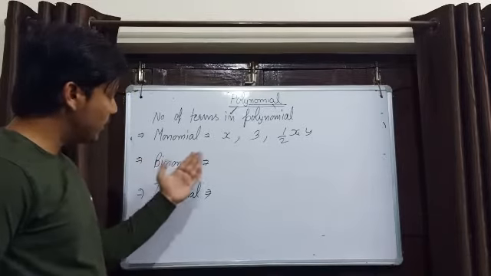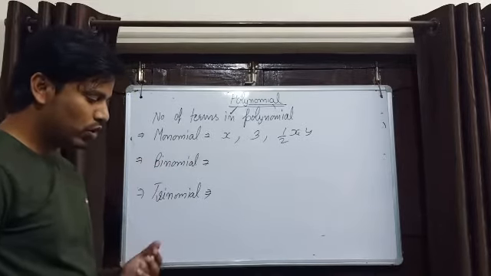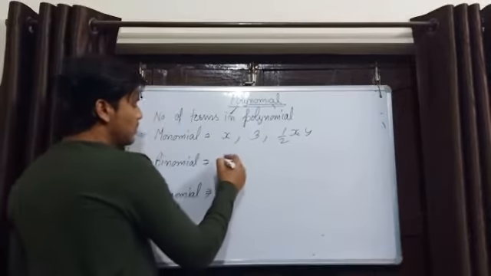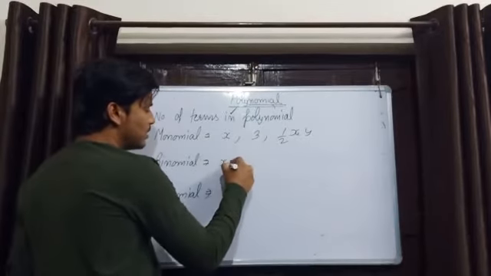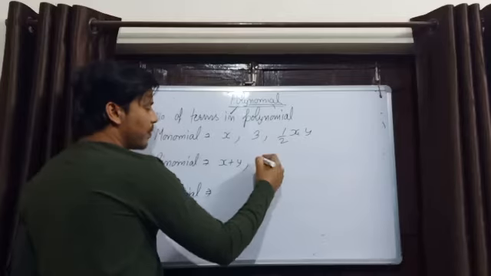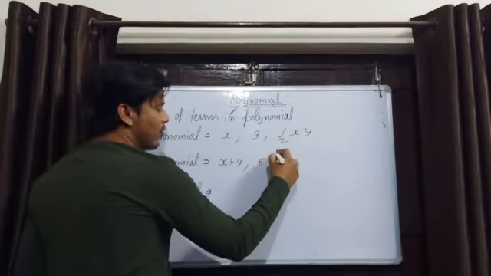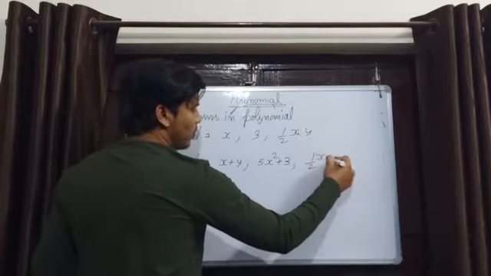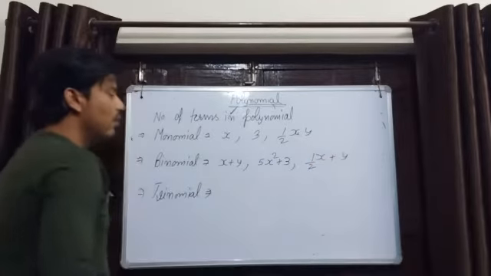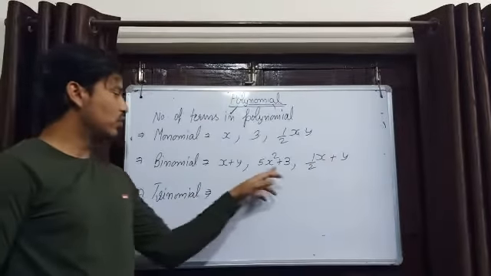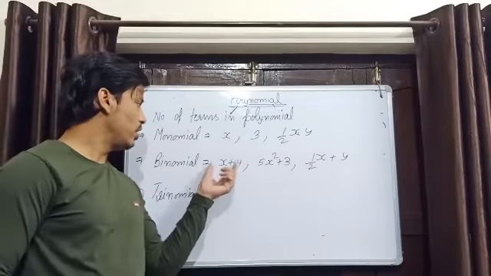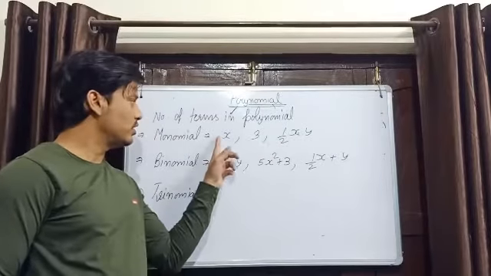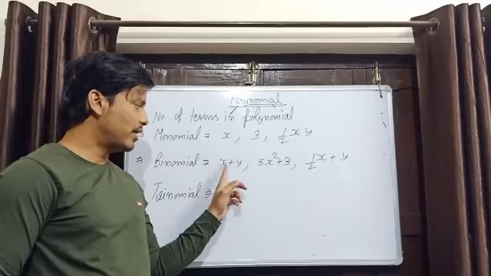A polynomial containing two non-zero terms. Binomials are like x plus y, 5x square plus 3, 1 upon 2x plus y. These are binomials because this is a polynomial containing two terms: one term, two terms, x plus y.